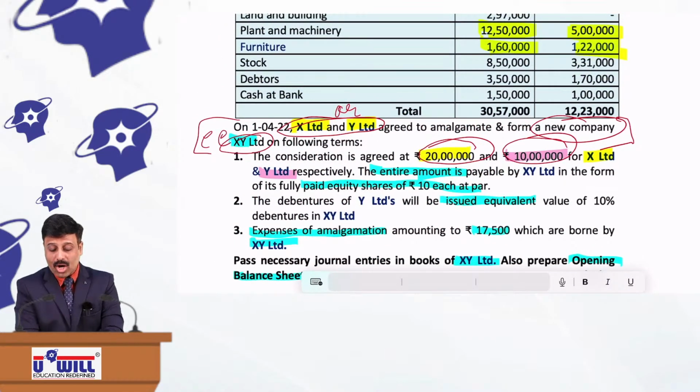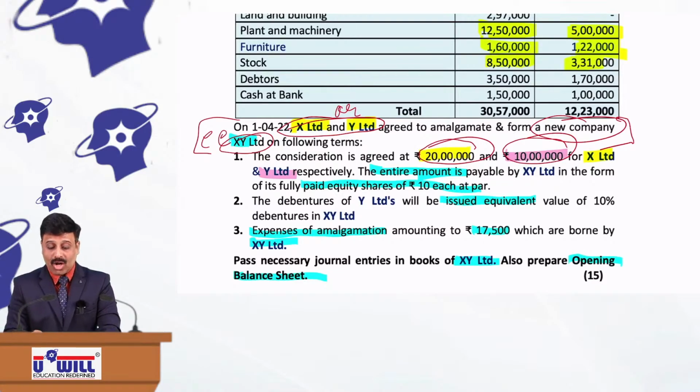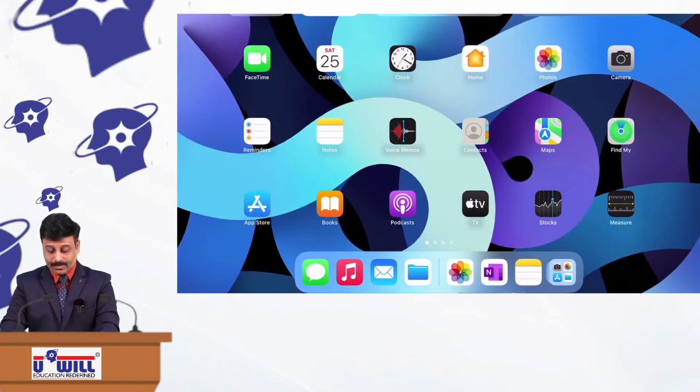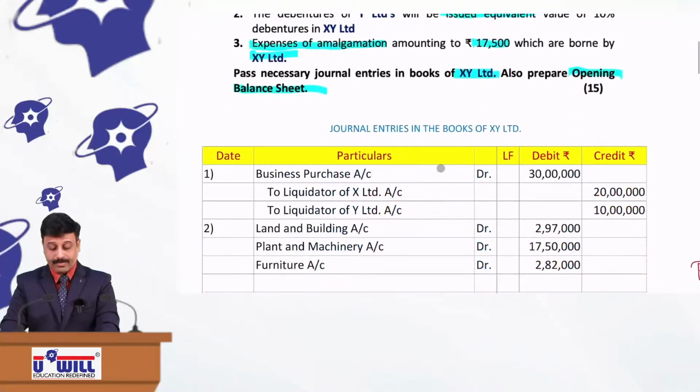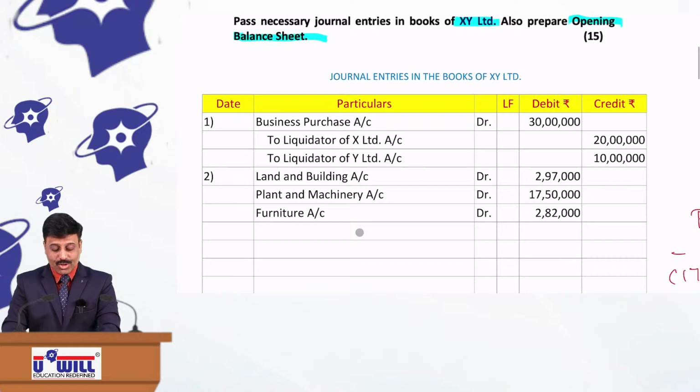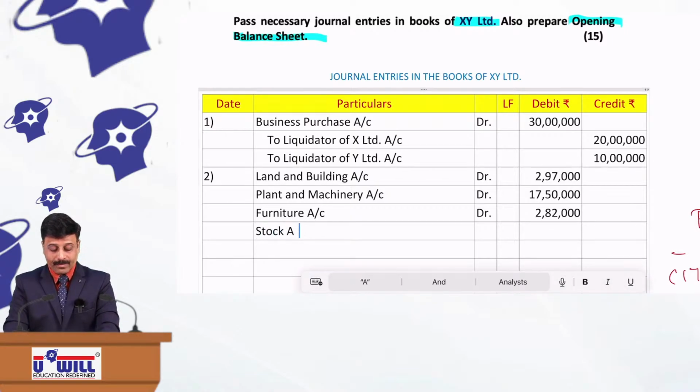Stock. Stock we have 8,50,000 plus 3,31,000. So stock will be 8,50,000 plus 3,31,000, that will be equal to 11,81,000. Stock account debit 11,81,000.